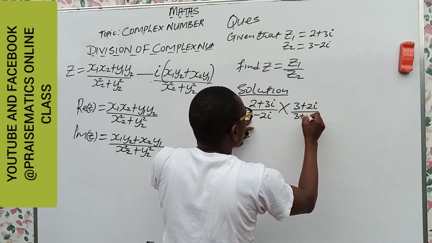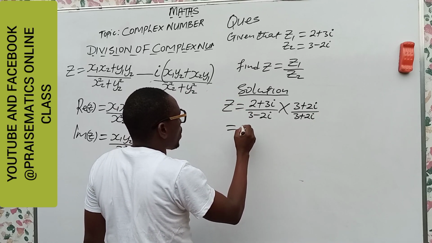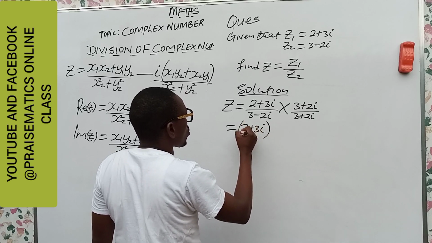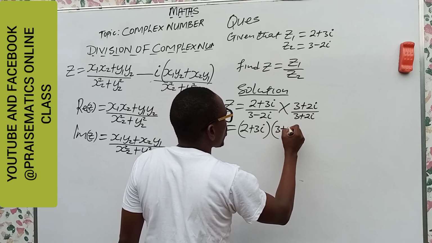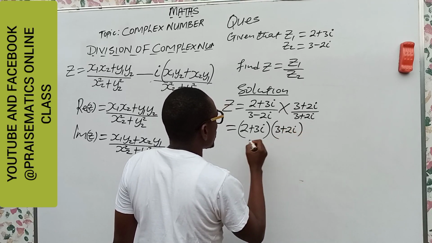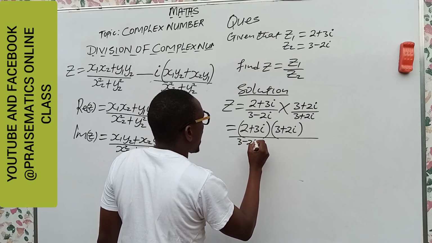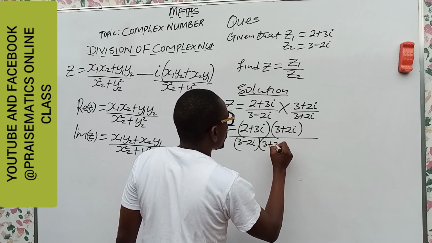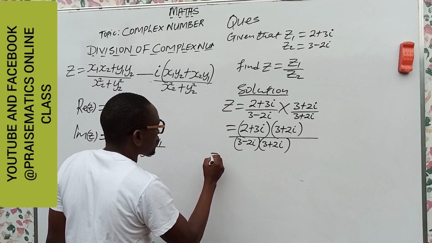3 plus 2i. What do we do? We multiply the numerators together, which is 2 plus 3i into 3 plus 2i. Close it. All over 3 minus 2i into 3 plus 2i. Close it. Now we solve.